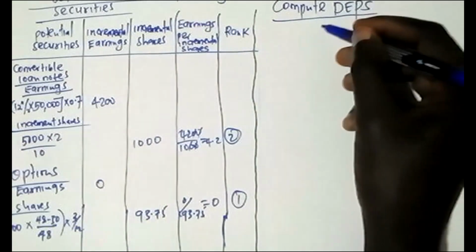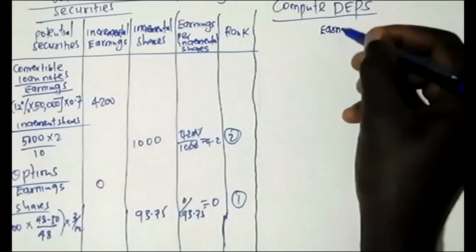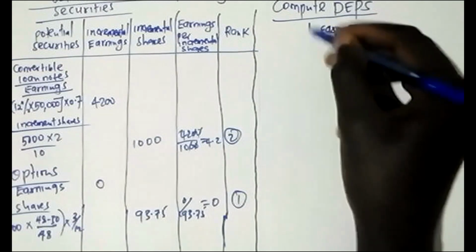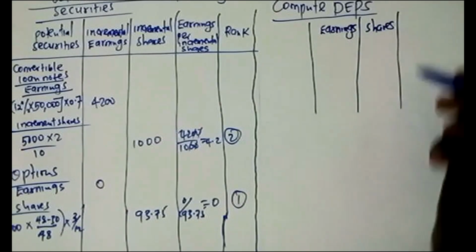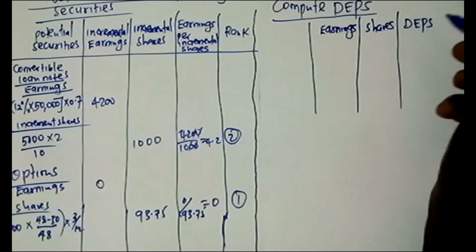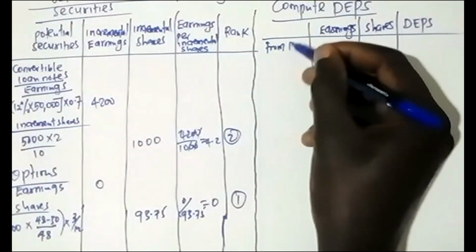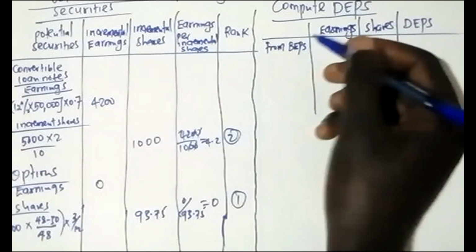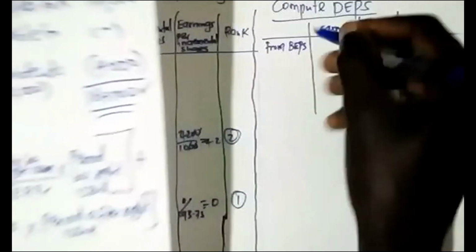Here I will talk about earnings, then shares, then diluted EPS. We start from basic EPS. The earnings is the profit, which we determined as 167,200.